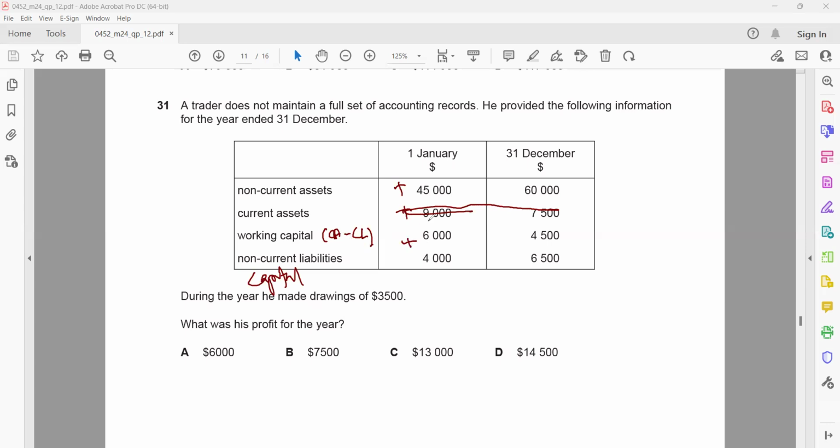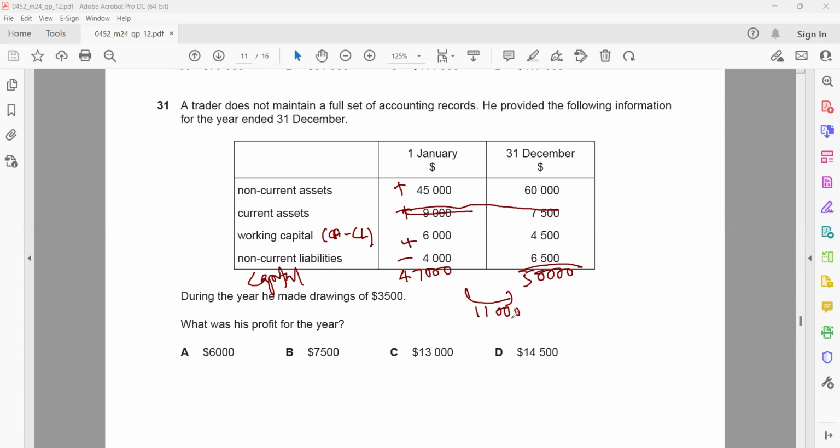So you should plus and then minus. Same here. So 45,000 plus 6,000 minus 4,000, so we get opening 4700. Whereas here, 60,000 plus 4500 minus 6500, so this one is 5800. So 5800, 4700. So the difference is 1100.